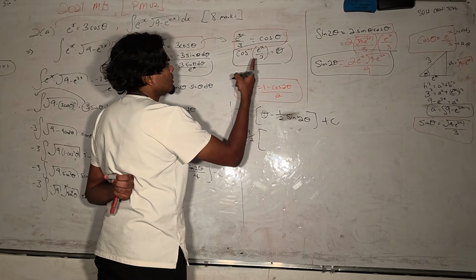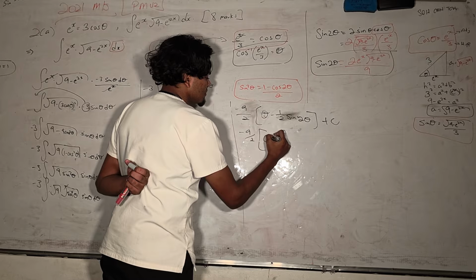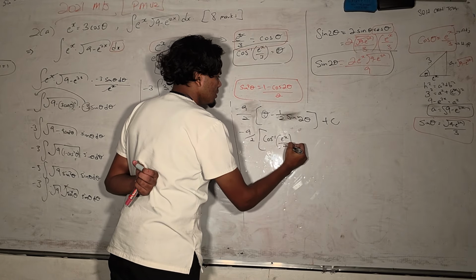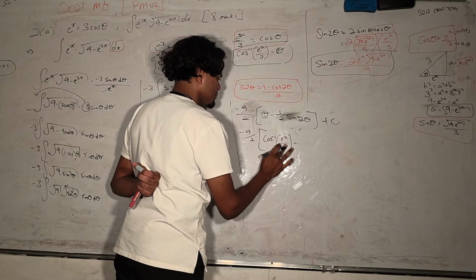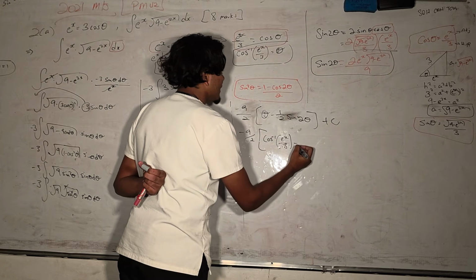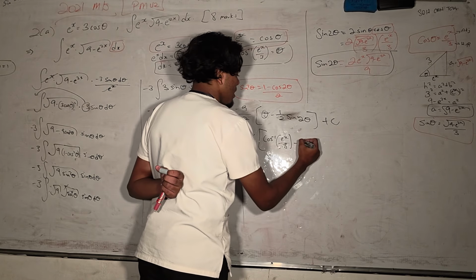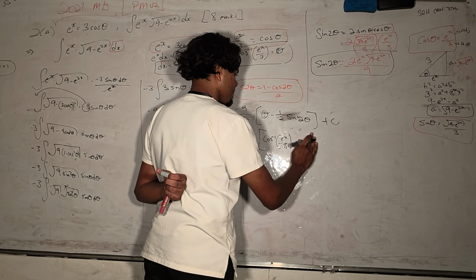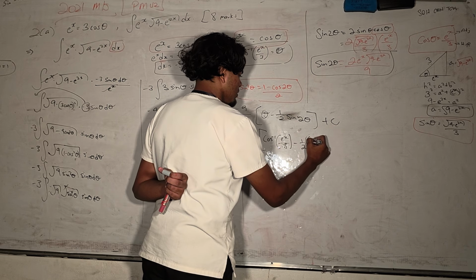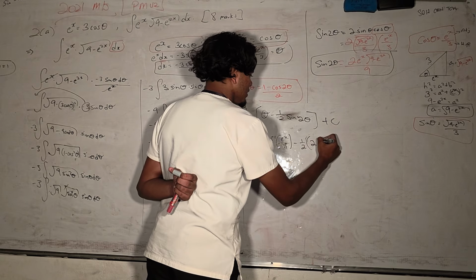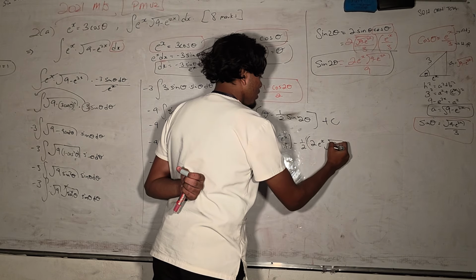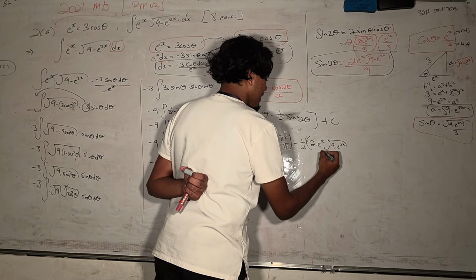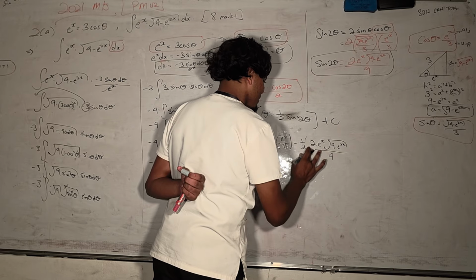Cos inverse of e to the x upon 3, minus a half. What's sine 2 theta? 2 e to the x, root of 9 minus e to the 2x, all upon 9.